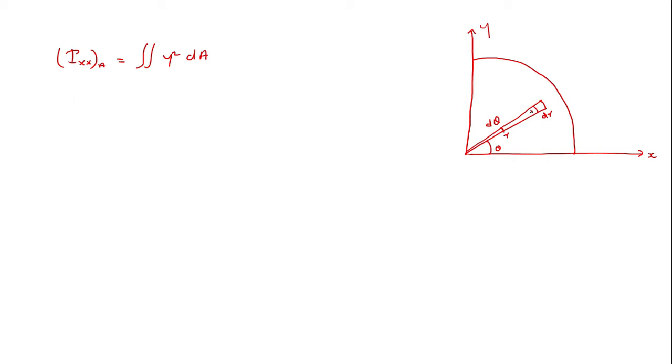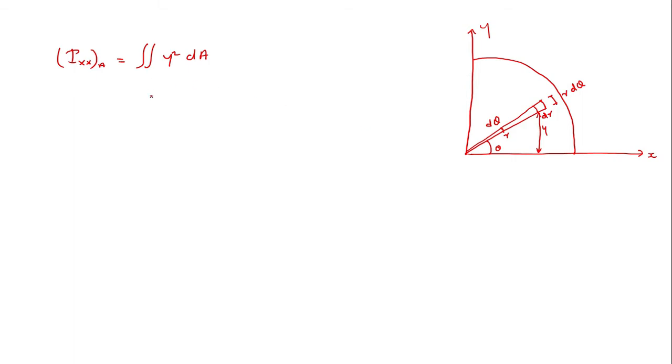Now the angle d theta is very small, so this corresponding length, which is almost equal to this length because dr is very small, will be equal to r d theta. Now from the x-axis, this elemental area is at a distance y. That is shown here.